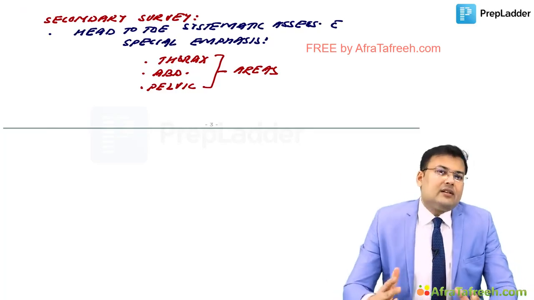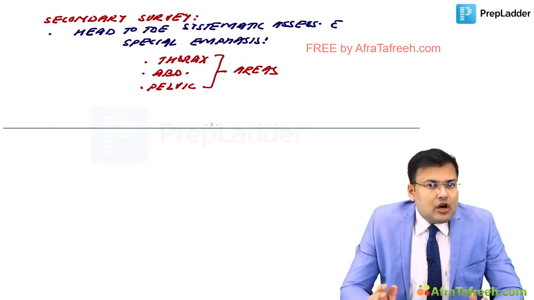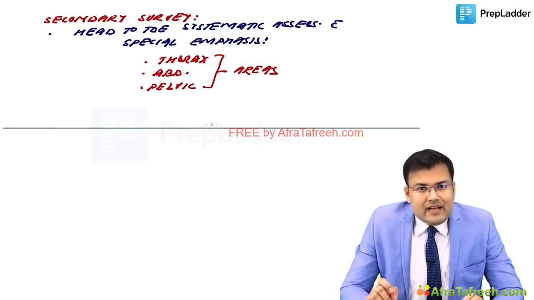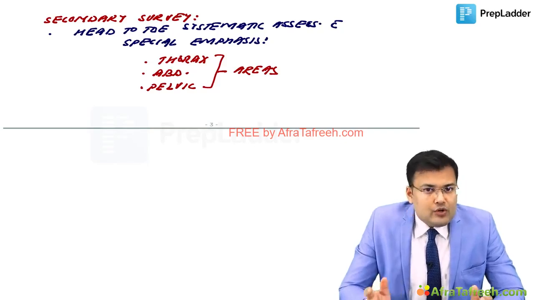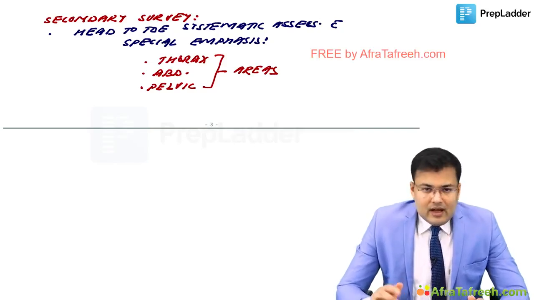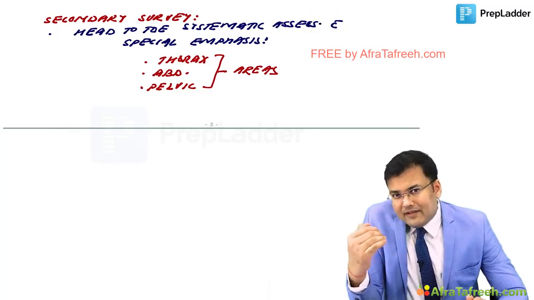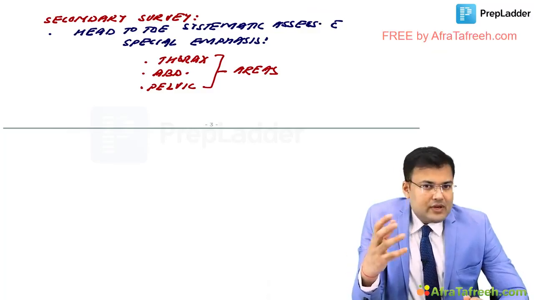Now see, there is a tertiary survey also. This tertiary survey is not included in ATLS protocol. It's not included, but nowadays most of the centers recommend the tertiary survey. Now what is this tertiary survey? It's the comprehensive evaluation of the patient after initial resuscitation. What is the meaning?